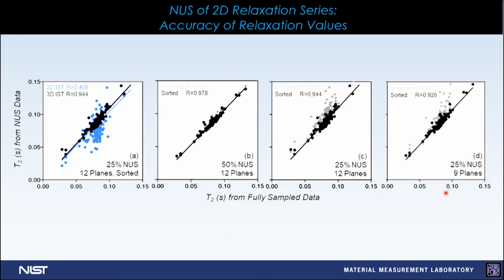So the summary of those results is that if we want to use this method to reconstruct relaxation data, we can go down to 25% non-uniform sampling relative to the typical conventional measurement that we would do. We would like to have 9 planes or more. We would use Poisson gap scheduling, which seems to give slightly better results. And we would space the tau values in an exponential way. So that's an overview of this new reconstruction method.